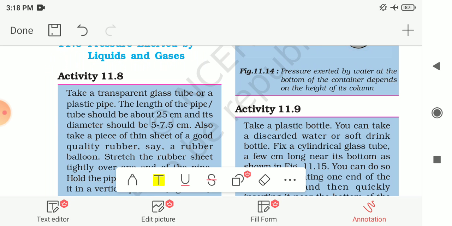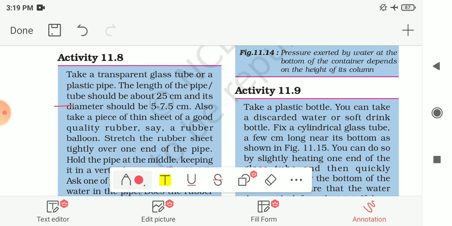Here one activity is given to you, activity number 11.8. For that you require a transparent glass tube or a plastic pipe. The length of the pipe or tube should be about 25 cm and its diameter around 5 to 7.5 cm, and also take a piece of thin sheet of good quality rubber; you can use a rubber balloon or rubber sheet.